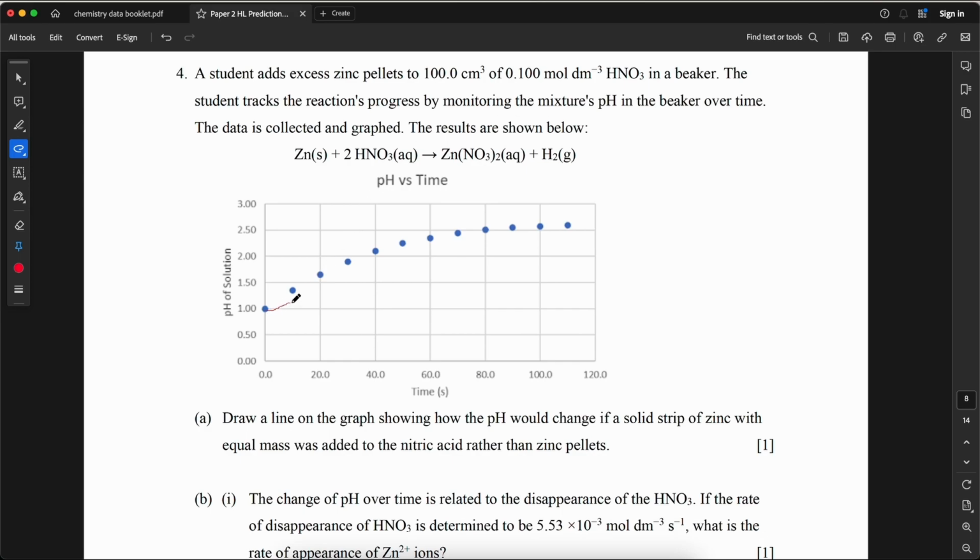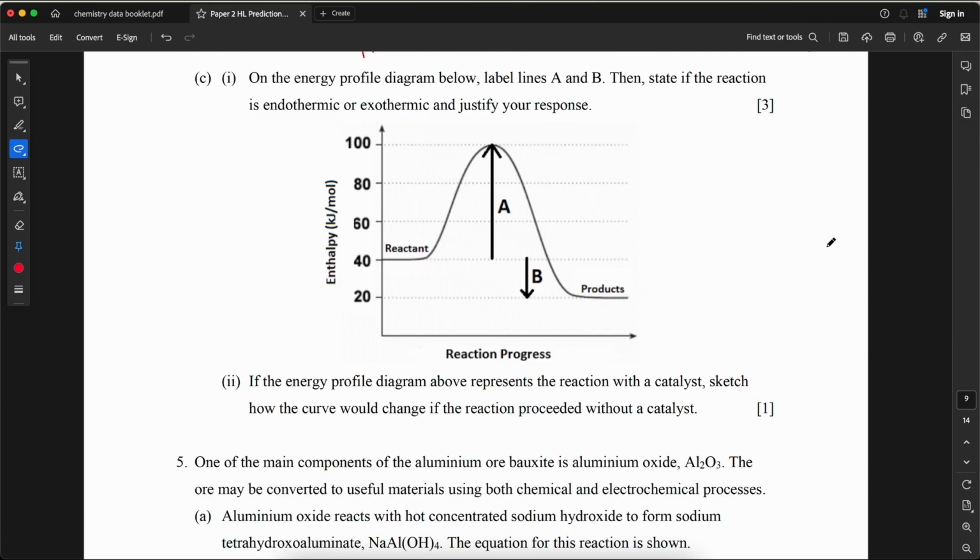Therefore the graph will be like this. It will end at the same point because the students use the same mass. So this one is steeper because it's a zinc pellet, and this one shallower because it's a zinc strip, so the reaction is slower.